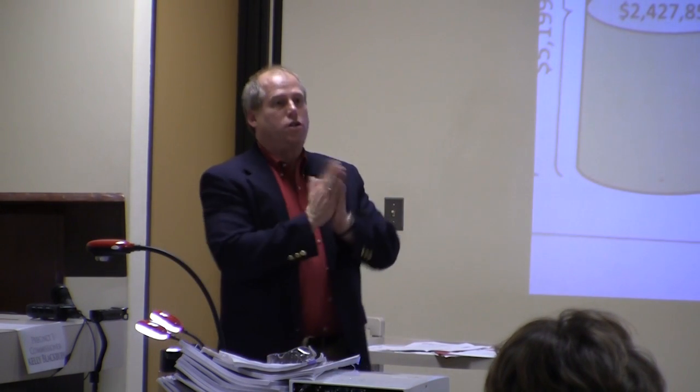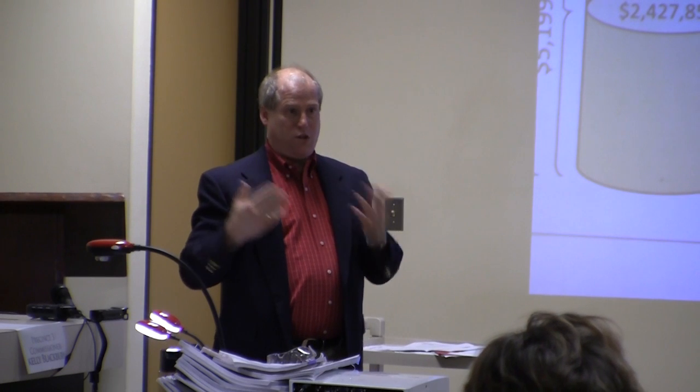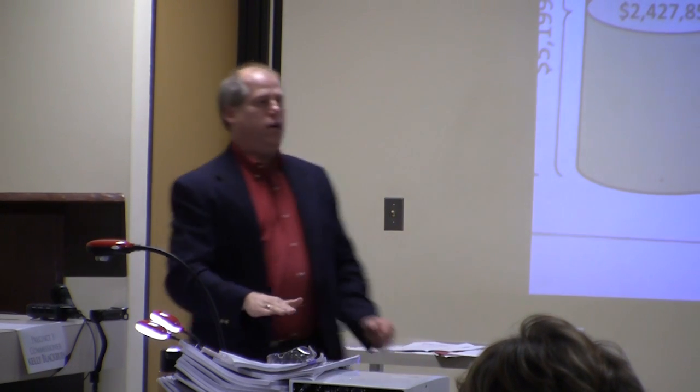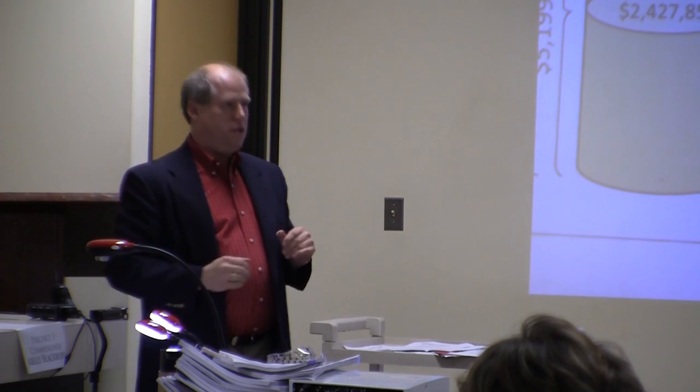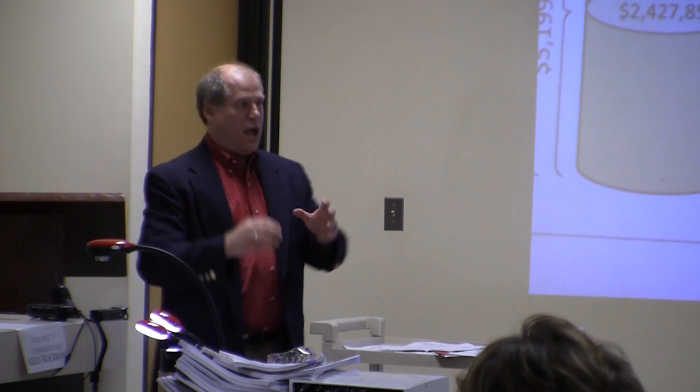Now, I know Judge Lacey has asserted, and again, I don't know the way this works, that on October 1st, it's a new year, and any money that comes in has to stay in this year.